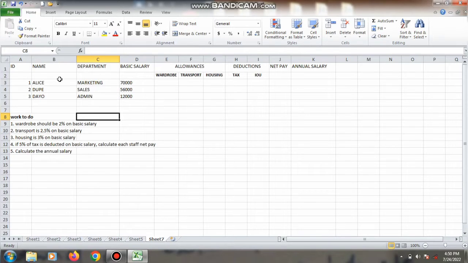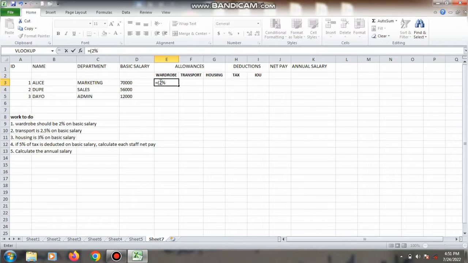Now look at the question that says wardrobe should be 2% on basic salary. For the marketing staff, the wardrobe allowance is 2%. How are we going to do it? The same way the question comes to you is the same way you should input the formula. But don't forget, you start with your equal sign. Equals, open your bracket so that you don't make mistake, 2 and your percentage sign. 2% of what?